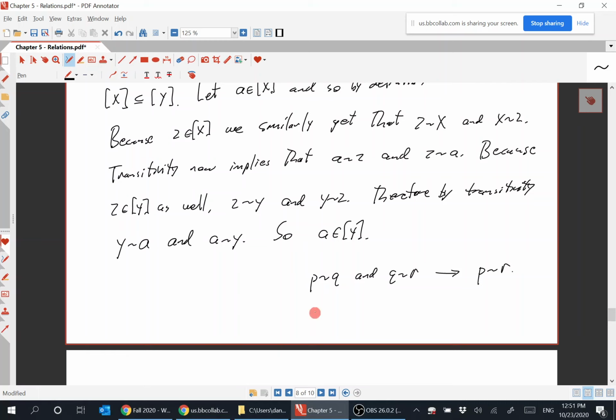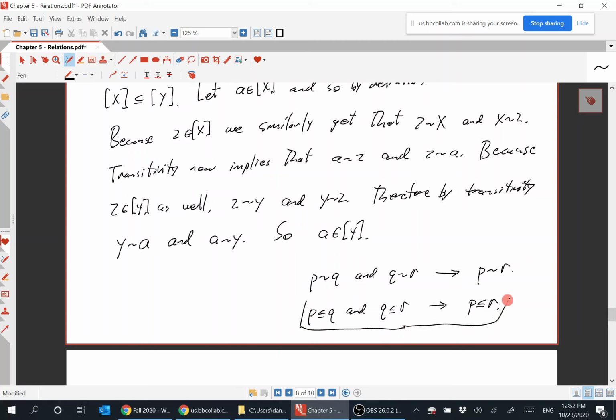It's like, for integers, P is less than or equal to Q, and Q is less than or equal to R, implies P is less than or equal to R.